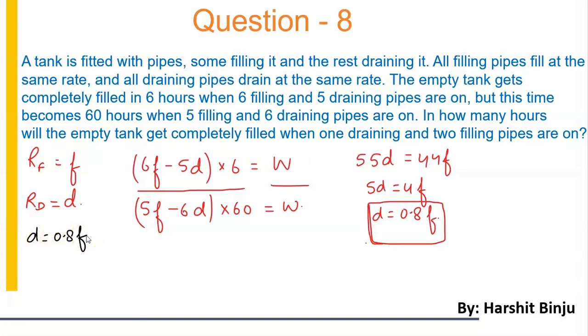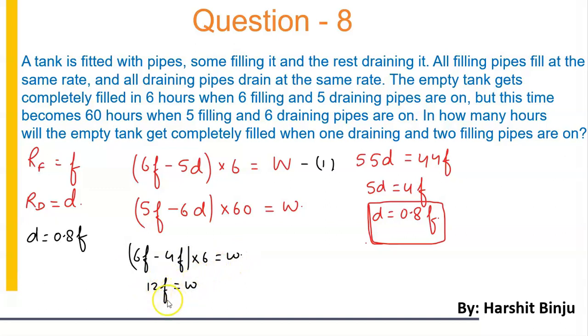Now using this F and D, I would like to calculate them in terms of capital W, which is the work. So let's make use of equation number 1. This I'm considering as equation 1, okay? So 6F, in place of 5D I can have 4F into 6 is equal to W. So 12F is equal to W, or F is equal to W by 12.